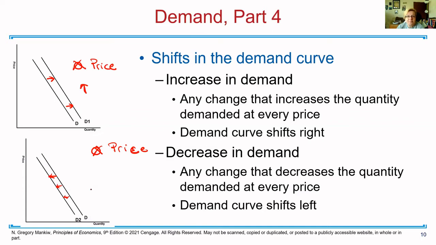COVID. The demand curve for certain goods and services shifting inward as a result. Now, price didn't change, but people are staying home, so restaurants closed, and so on. So this is what we're seeing here in the COVID crisis, a demand curve shifting inward for those things that people perceive as high risk.